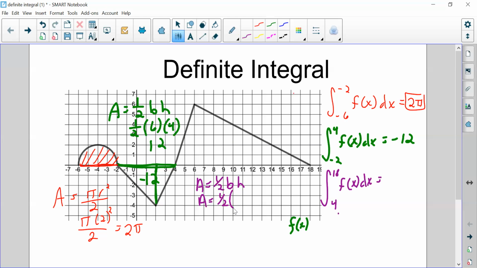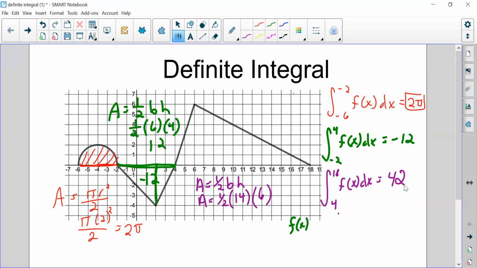So base was 14, because 18 minus 4, and height was what? 6. It is 6. Very good. So that's just 7 times 6, which is 42. So we end up with 42 there.